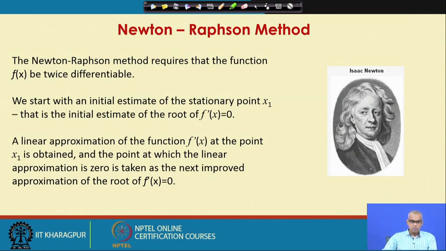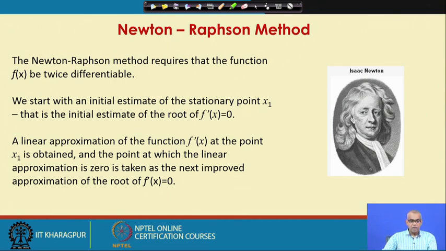So, what we do is you start with an initial estimate of the root of f prime x equal to 0. You have a given function f x, and you start with an initial estimate of the stationary point. Let us call that estimate x 1. So, x 1 being the stationary point of the function f x is the same as x 1 being the root of f prime x equal to 0, where f prime x means the first derivative of the function f x.